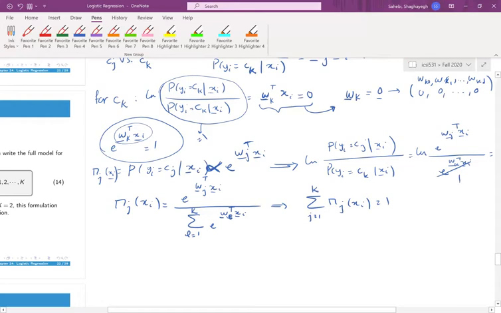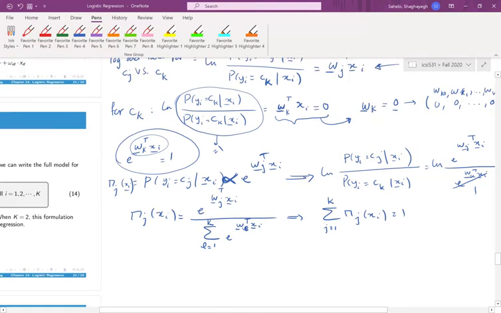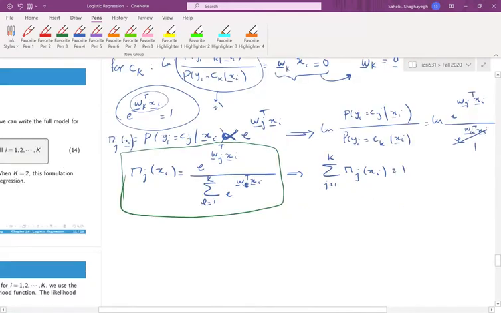And also we do have that log odd ratio thing. So this function is called a softmax function. So basically, what we have done is that we have defined the p sub j of xi function according to the w's.